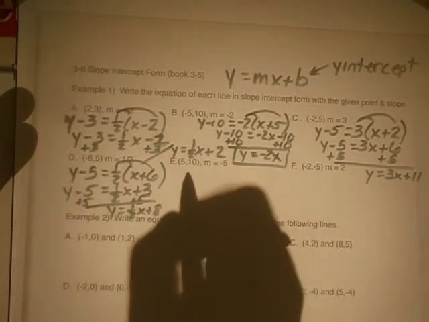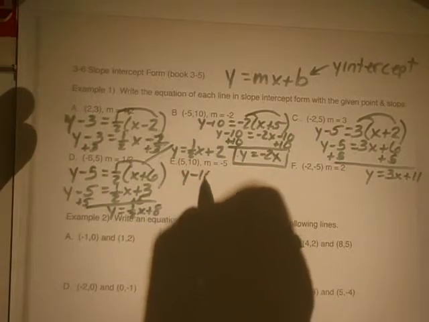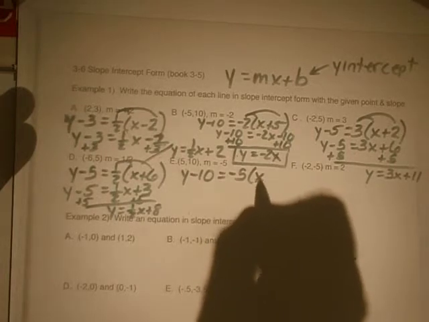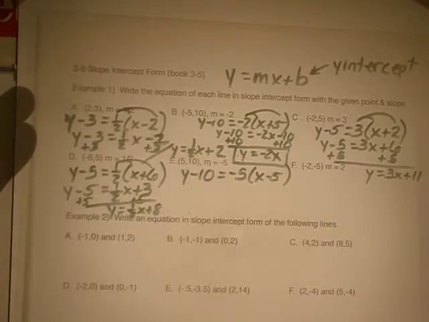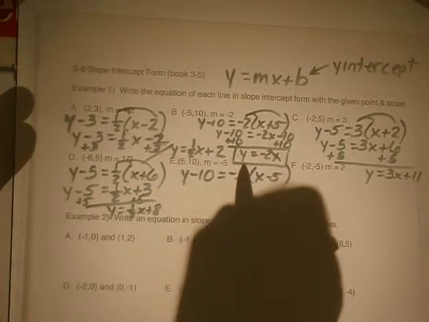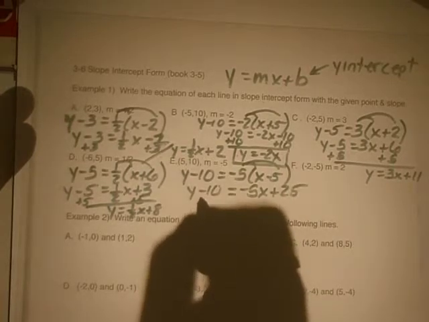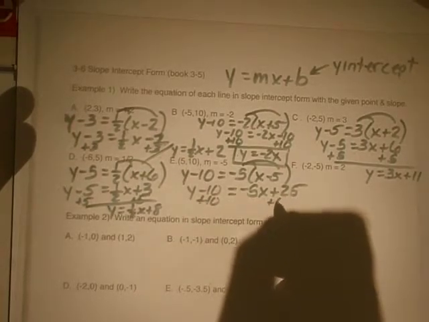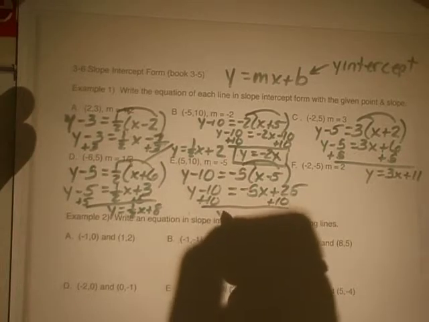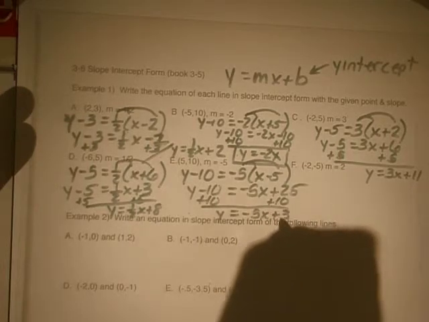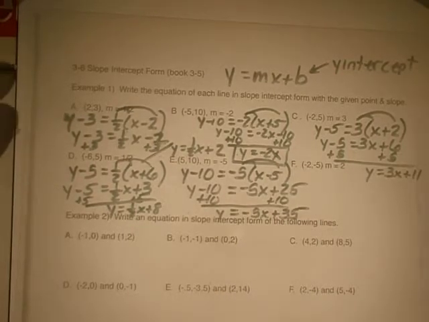And let's do E as the last one. This would become y minus 10 equals -5 times x minus 5. Distributing, you have y minus 10 equals negative 5x plus 25, and adding 10 to both sides, you have y equals negative 5x plus 35.